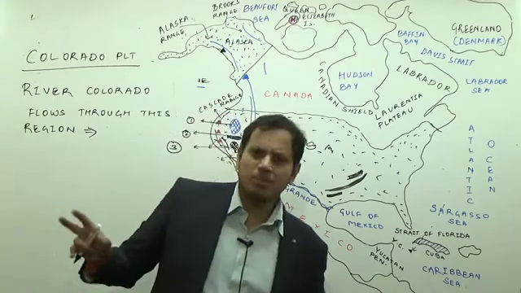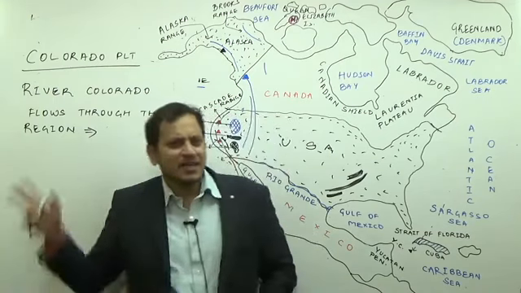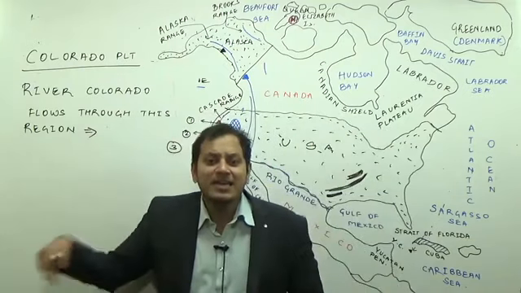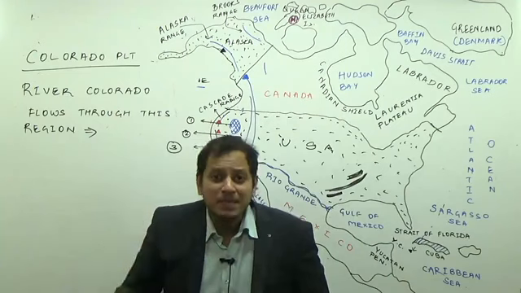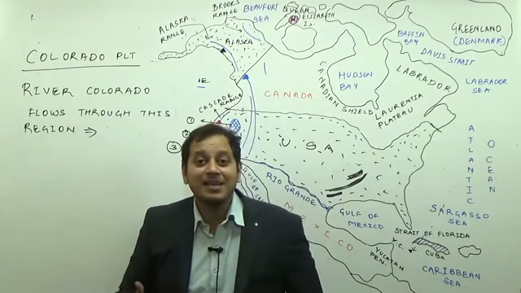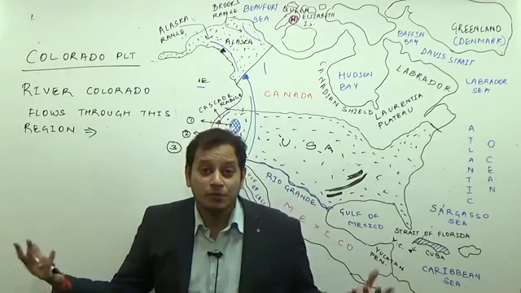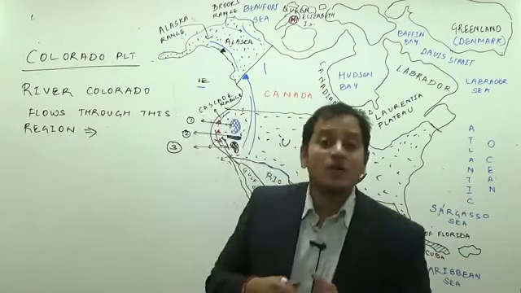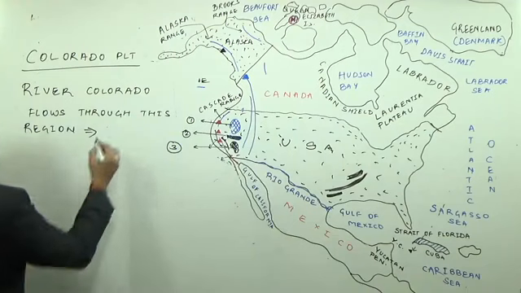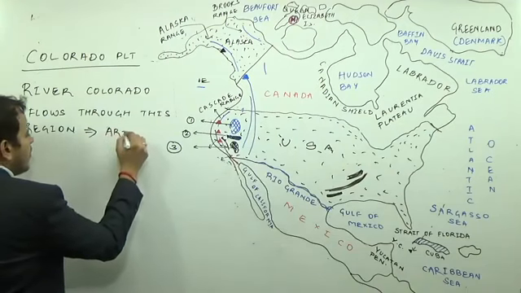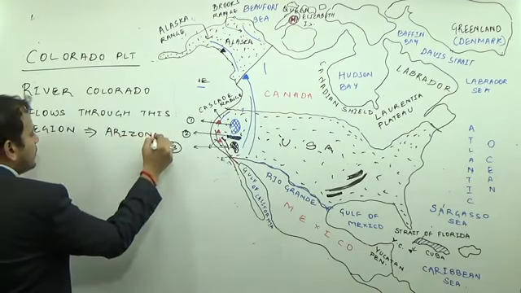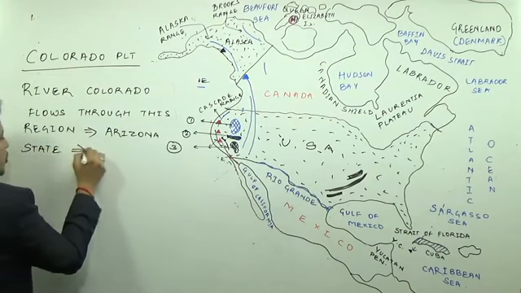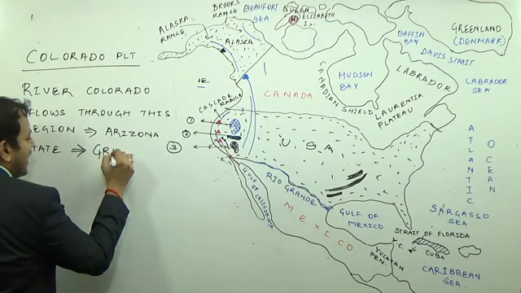It is not the deepest part, it is not the biggest canyon. Kali Gandaki Canyon in the Himalaya is much deeper than the Grand Canyon, but the Grand Canyon is very beautiful. It is a very vast area and attracts millions of tourists. So, in Arizona state of USA, river Colorado forms the Grand Canyon.